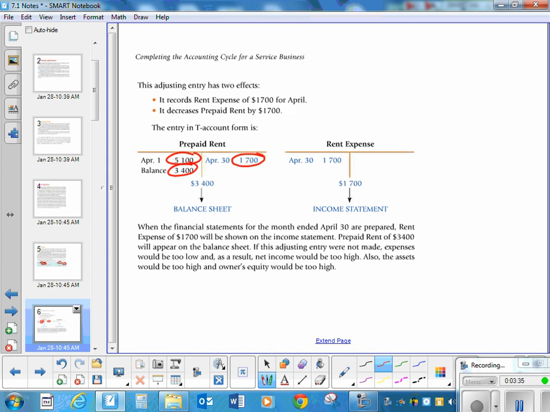Your balance now in the prepaid rent is $3,400. This is going to go on your balance sheet because it's an asset. Because you have to have double entry accounting, you need to have a second account, and that's your rent expense. We know that all expense accounts have debit balances, and expense accounts are going to go on your income statement.